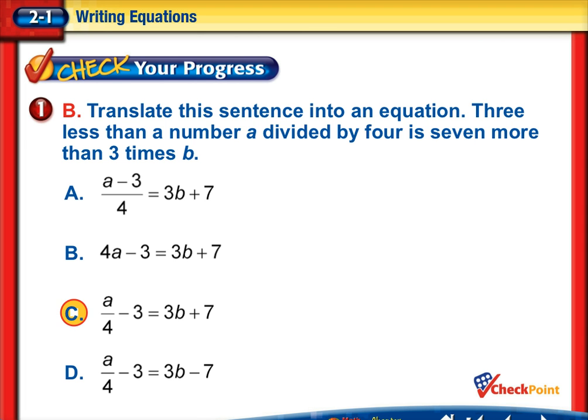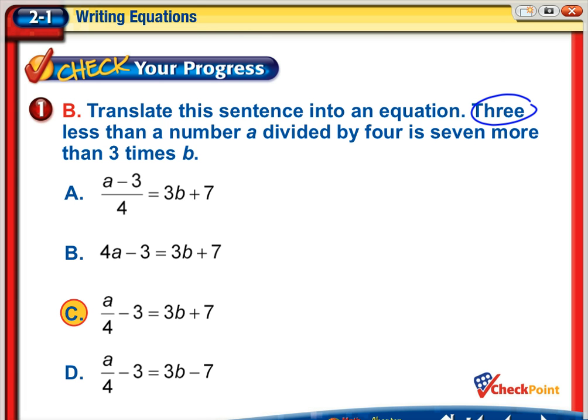C. Indeed, very good. How many of you thought the answer should be A? If you read it carefully, watch what happened. It says 3 less than, so you know that the 3 has to be back here, right? And then less than means minus. Whatever that is, it's a number divided by 4. So there is your misconception, for those of you who thought it was A. Be careful when you read it, okay?